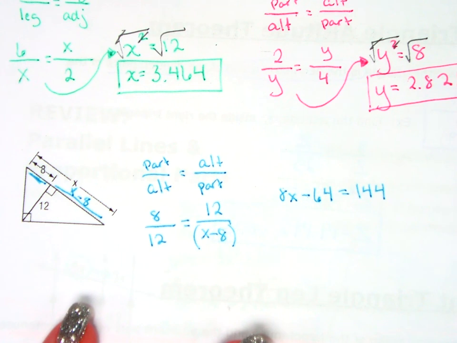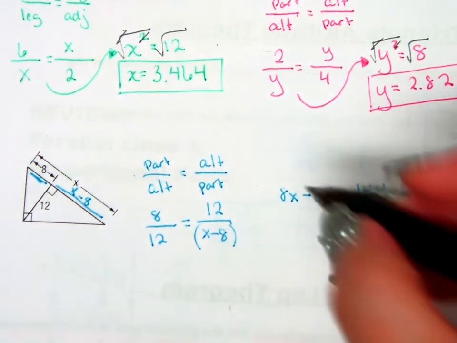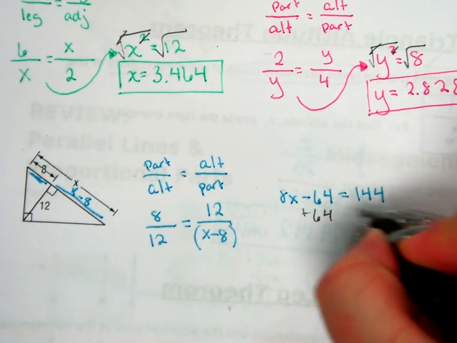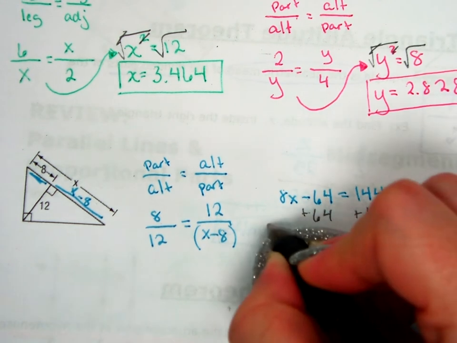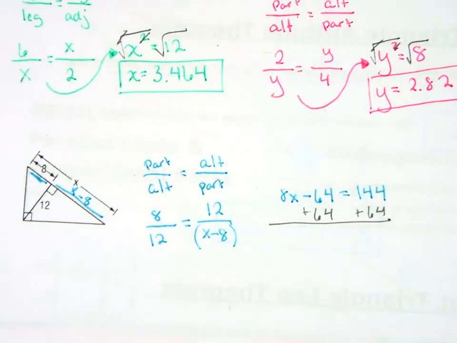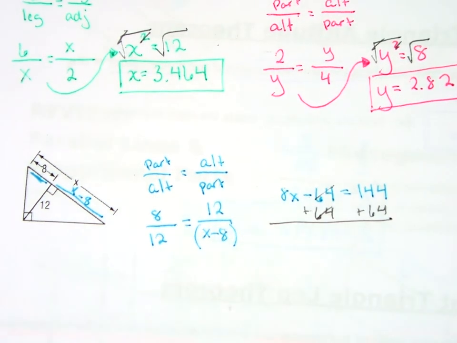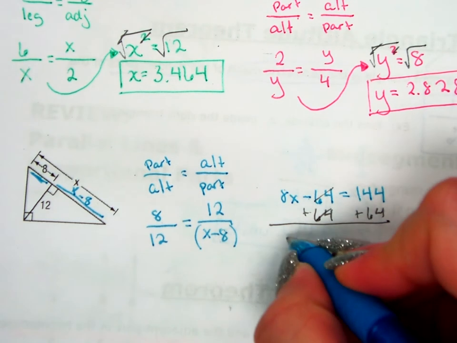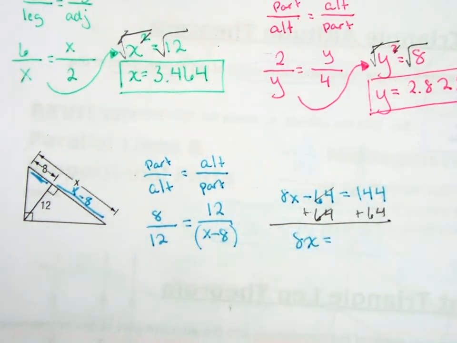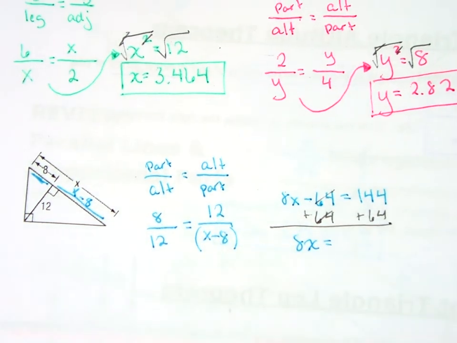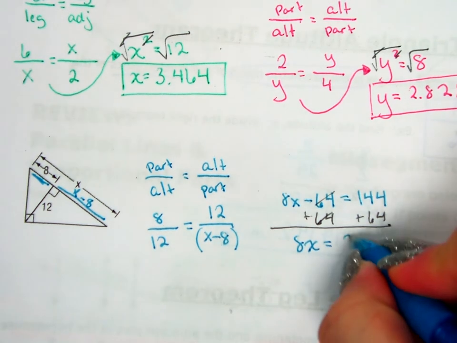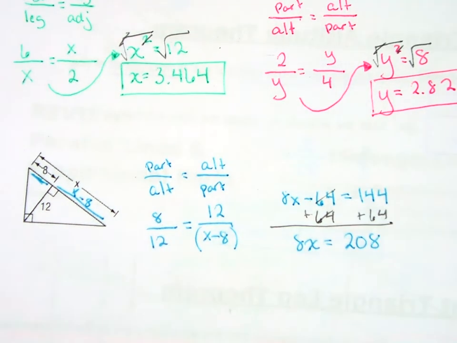What do I do first? Addition property of equality? I mean, you could subtract a negative 64 if you really wanted to do subtraction property of equality. But if you subtract a negative, you're adding. So 8x equals 144 plus 64 is 208.